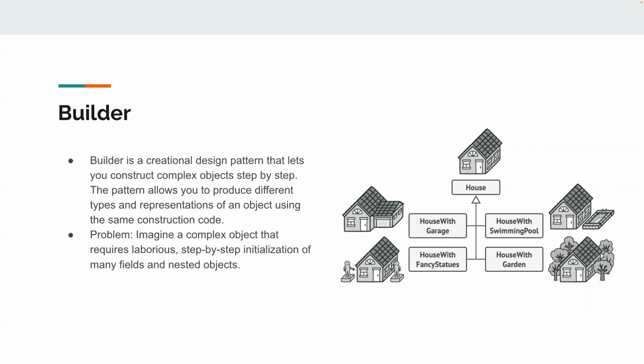Even if we want to create multiple constructors for this house, it will be a bit of a hassle because we'll have to create so many constructors with so many parameters, and some of them will have to be optional parameters as well, which is not a very good coding practice, right? The code will be scattered all over the place.